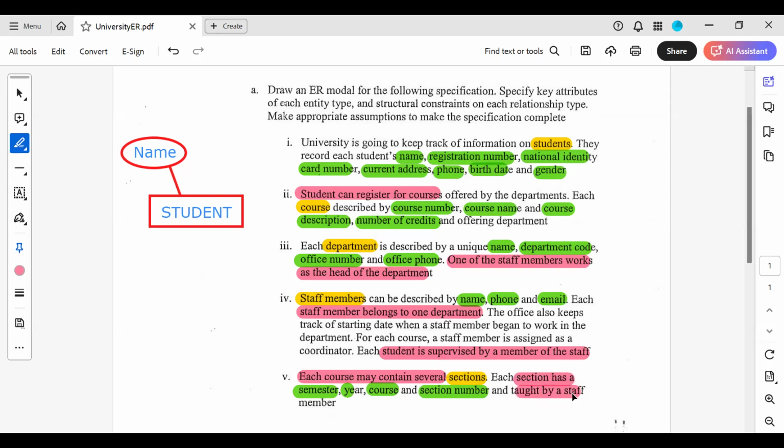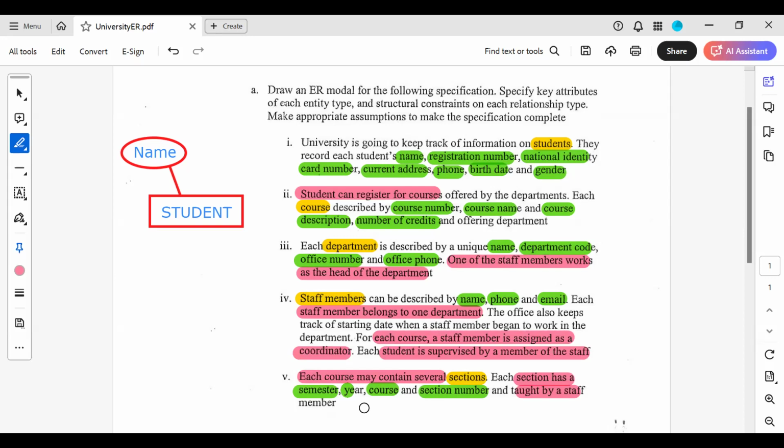So between section and staff, the staff teach sections. Then courses are assigned a coordinator, so between course and staff, some of the staff members coordinate courses. Good. Did I miss anything else?